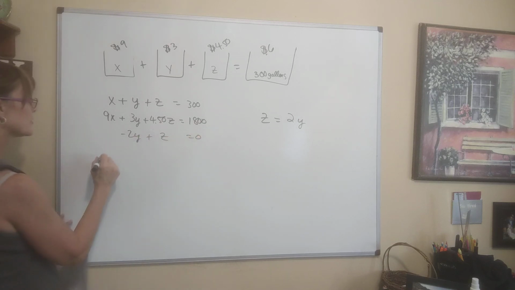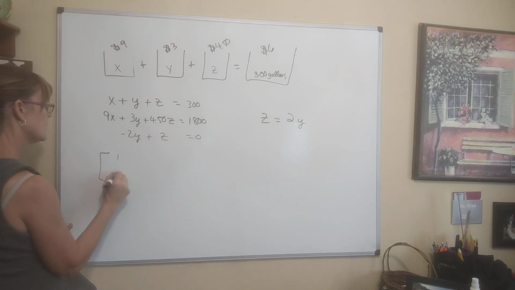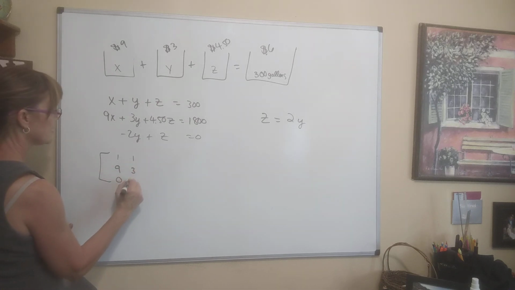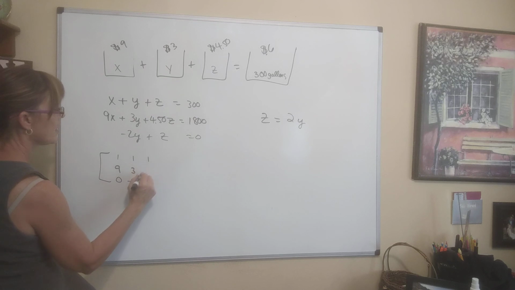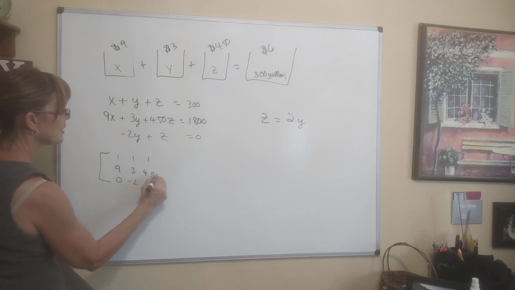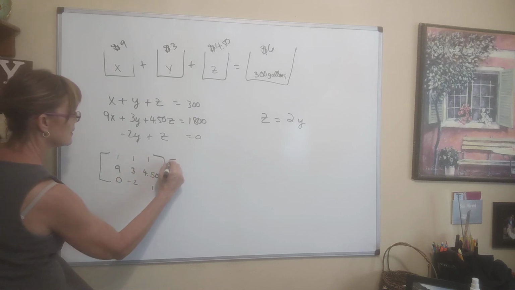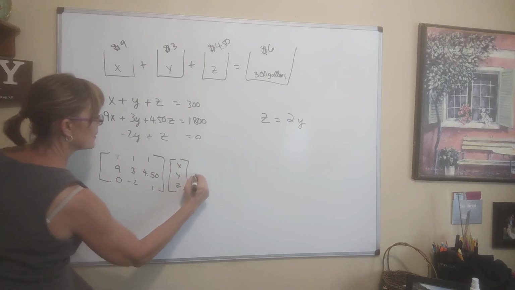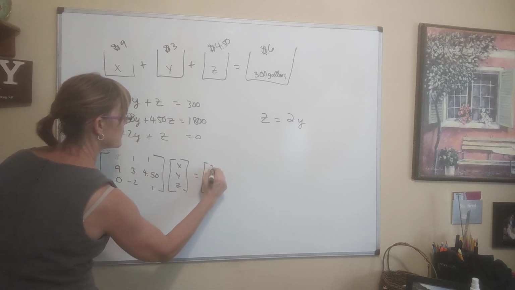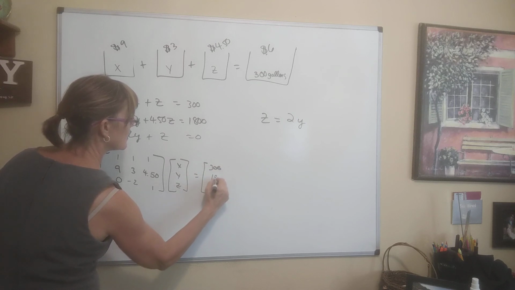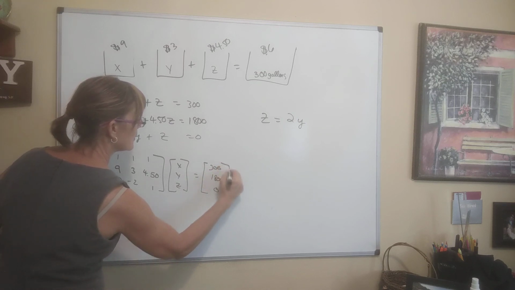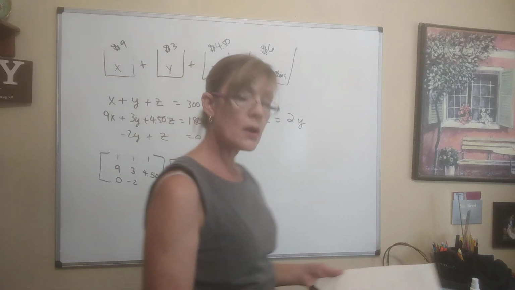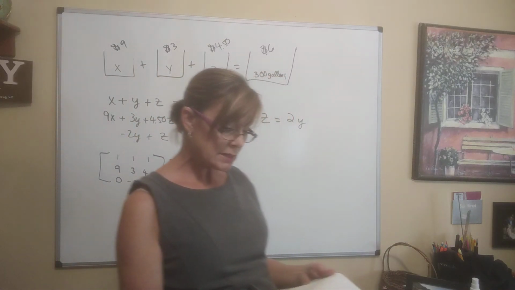I'm going to write the matrix equation. 1, 9, 0. 1, 3, negative 2. 1, 4.50, 1. And I think I chose to do this one by RREF because it's so easy.